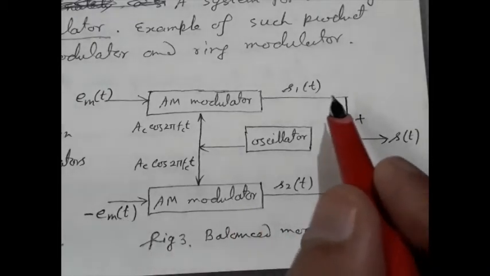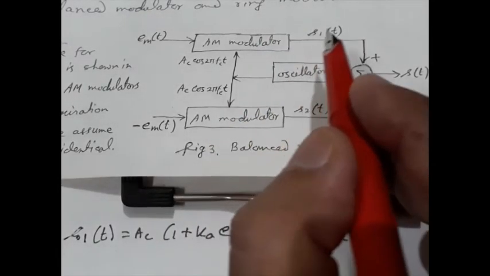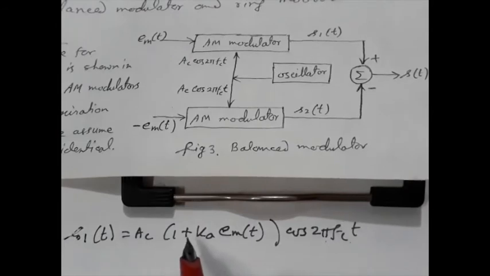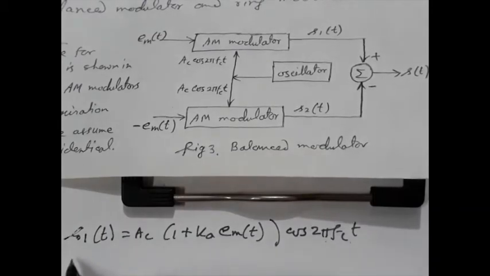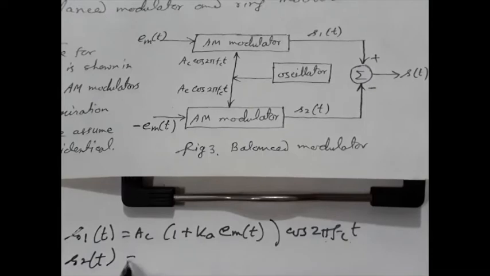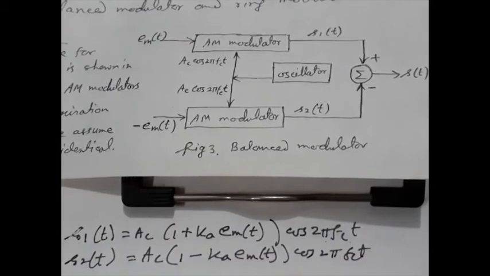So let us see how it works. S1(t) can be written as Ac into 1 plus Ka e(t) cos 2 pi fc t. Ka is just a constant, the sensitivity. Similarly, S2(t) is equal to Ac into 1 minus Ka e(t) into cos 2 pi fc t. Minus sign because e(t) is negative here, minus e(t).